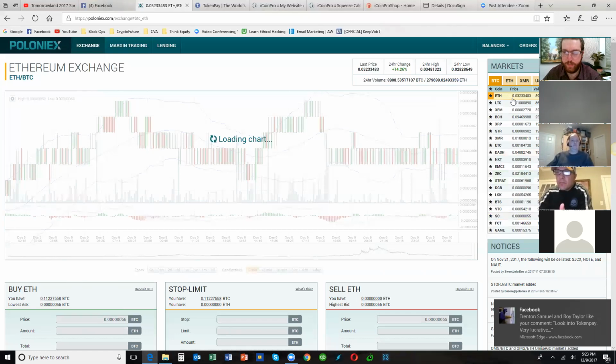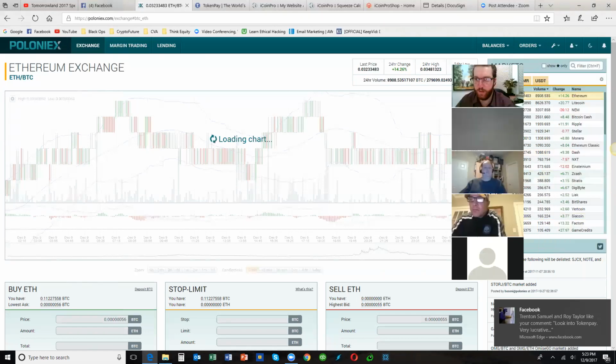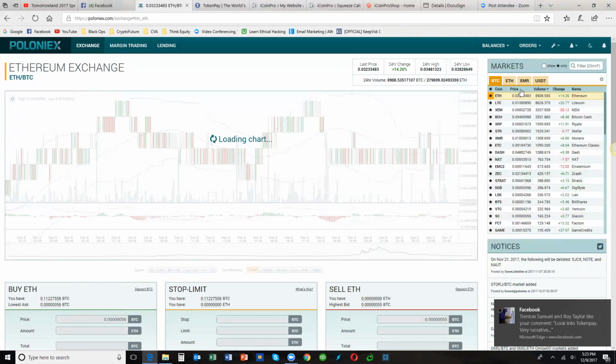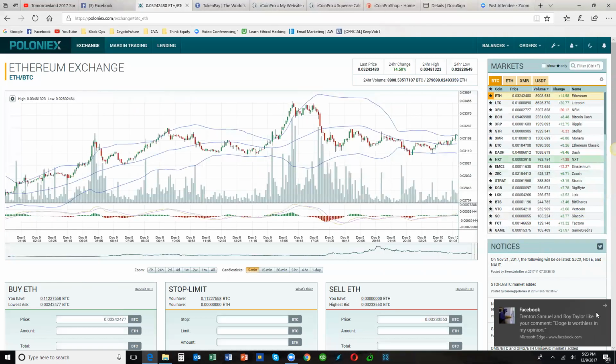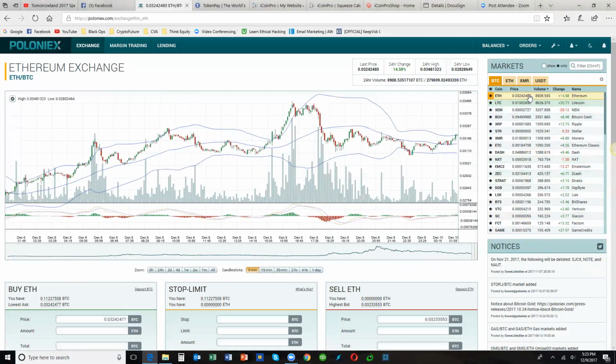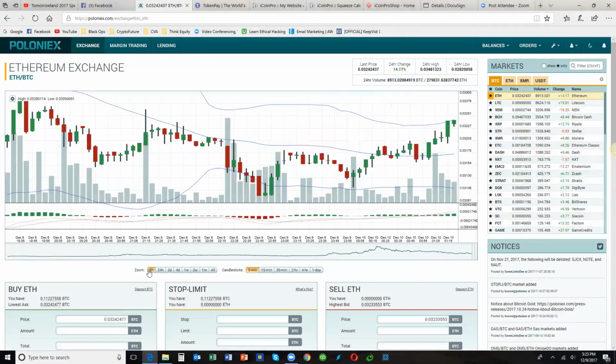So I'll start at the top, and the way this works, the coin at the top has the most trading volume, so it's usually going to move the fastest. The higher the trading volume in this tab, the more people are actively invested in that coin on this exchange.